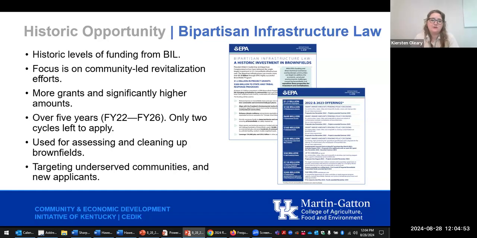If we don't get any extra funding for brownfields, it'll go back to the levels that it was pre-bill. So if you have priority projects, now is the time to start thinking about them and putting those plans into action. All of these funds are used for assessing and cleaning up brownfield sites, with a huge target on underserved communities and new applicants, people that have not been able to access brownfield funding before.